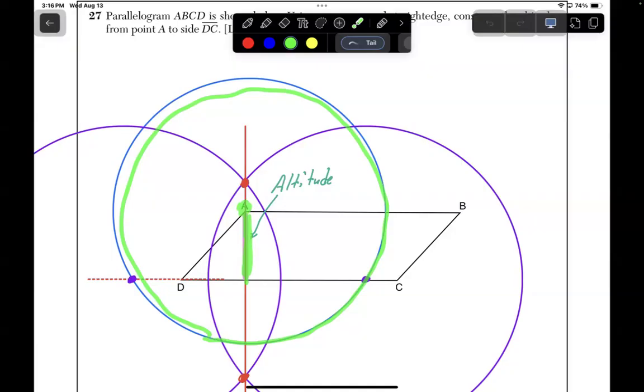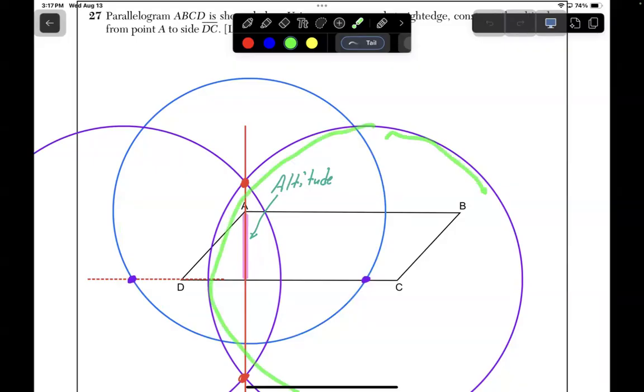So I made a circle centered at A, and then I found these 2 points that intersected the base of that parallelogram.